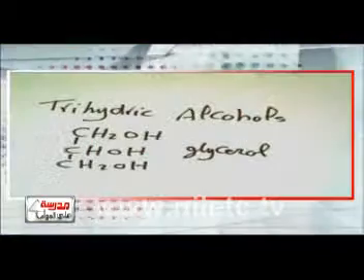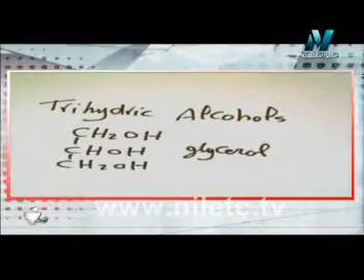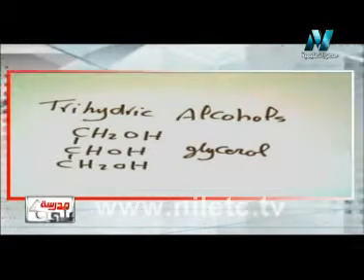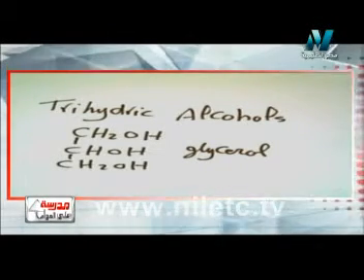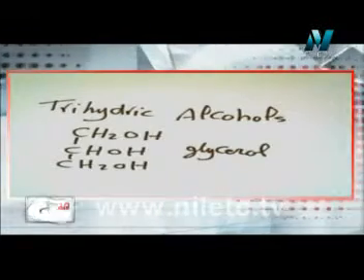When the OH increases, the solubility in water and the boiling point increase. So glycerol dissolves in water. It is a transparent, viscous liquid with a good taste. It is used in making creams to make the skin soft, and also to make textiles tolerant and soft.